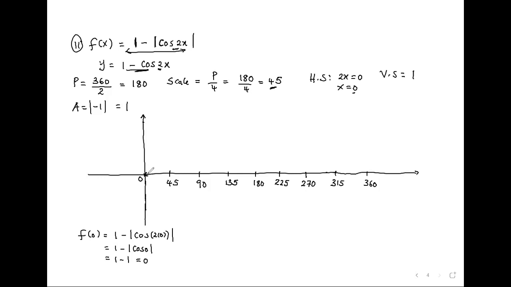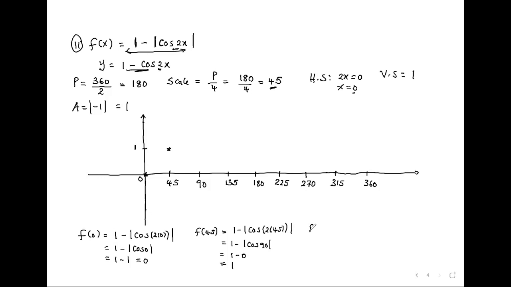So we get this point there. Then do f of 45. That is 1 minus absolute value of cos 2 by 45. That is 1 minus absolute value of cos 90. Cos 90 is 0. So we have 1. So we place that 1 here.